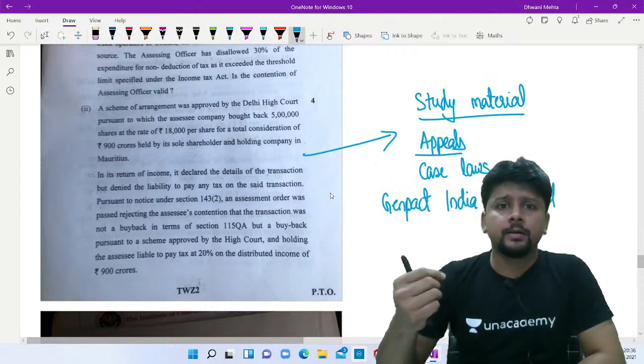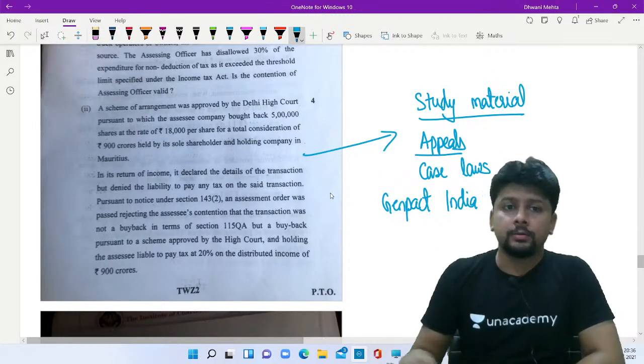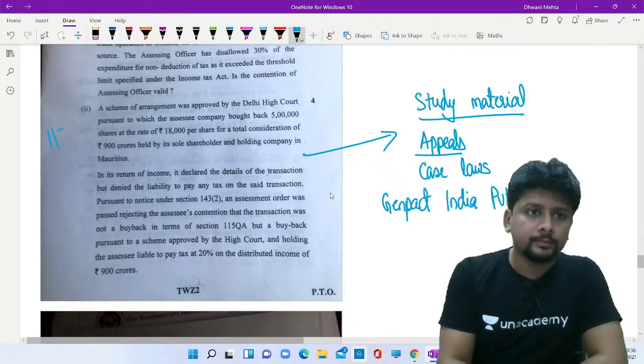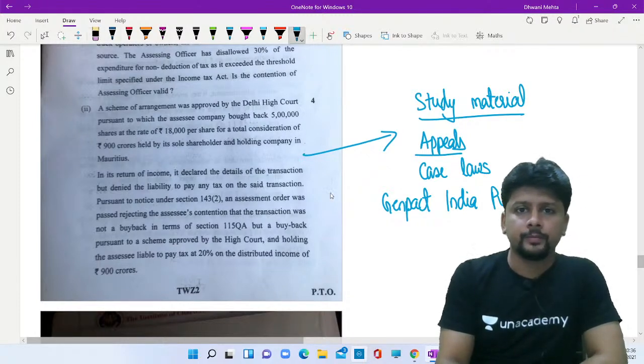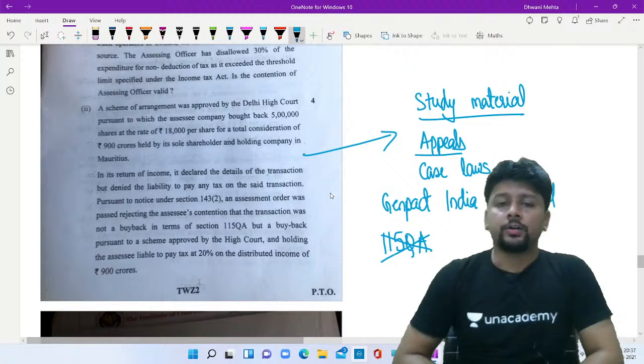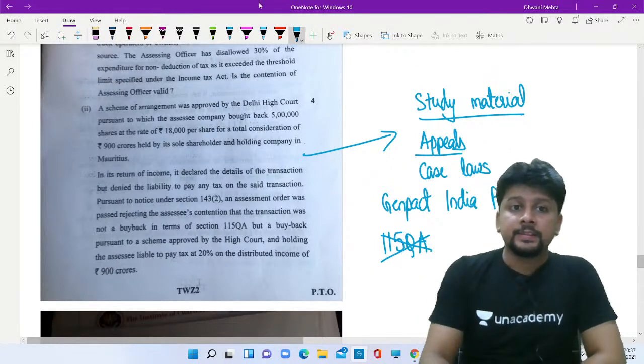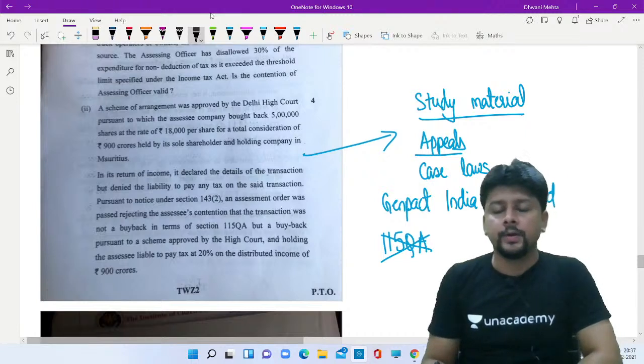Assessee has done buyback based on Delhi High Court's order, has not followed the provisions of section 115QA. Assessing officer passes an assessment order saying that you should have followed 115QA.